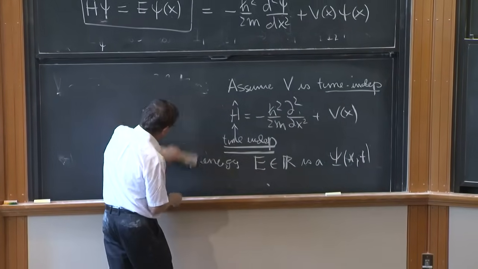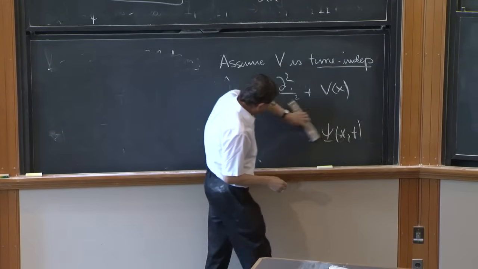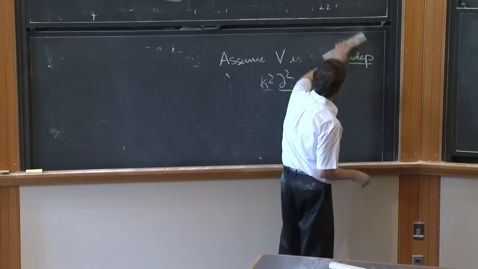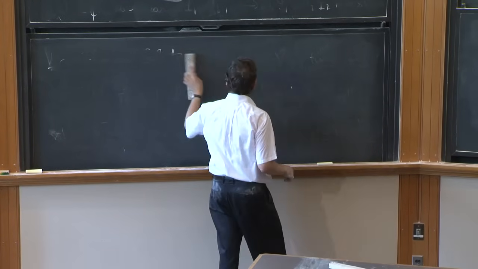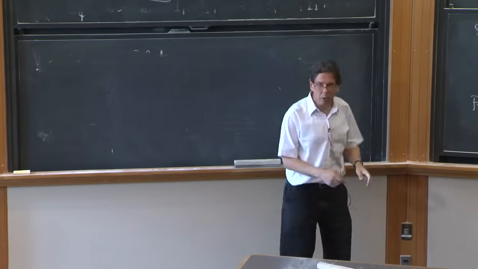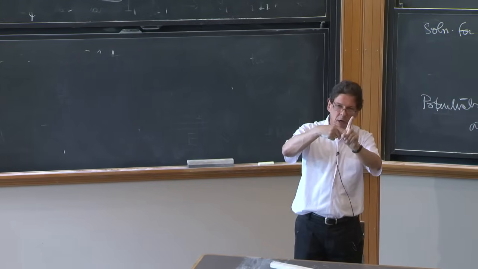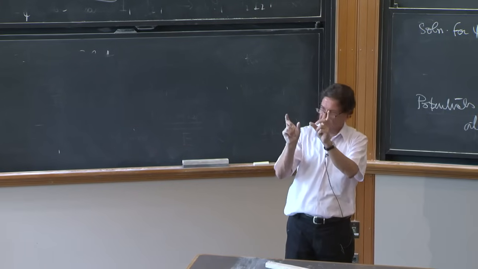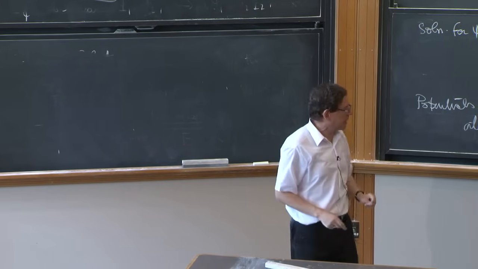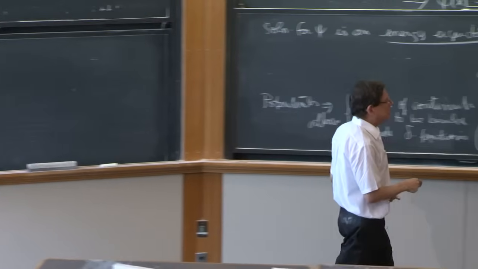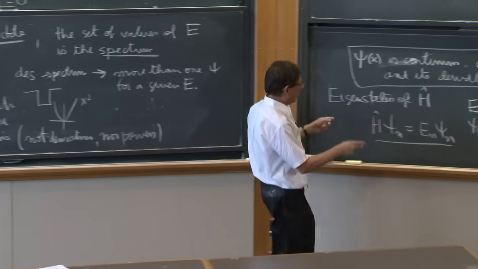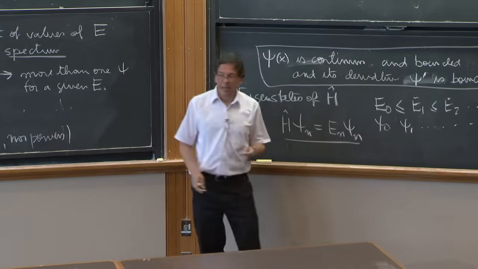Now, at first sight, it's a funny term to use, orthonormal. This is a term that we use for vectors. Two vectors are orthogonal, and we say they're orthonormal if they have unit length. But what do we mean that two functions are orthonormal?